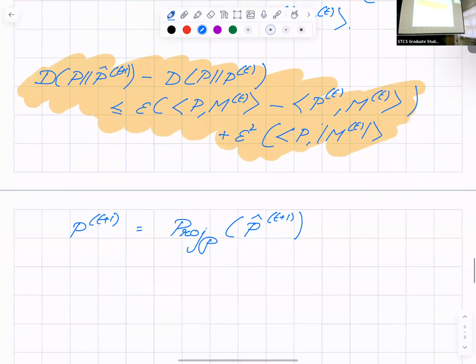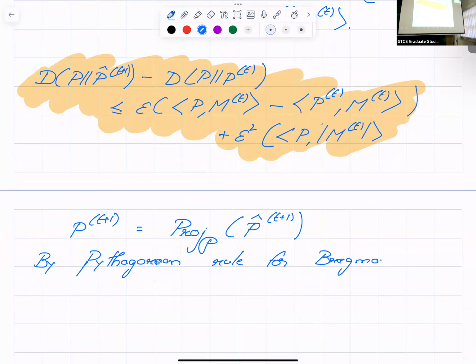Therefore, by the Pythagorean rule for Bregman projections, D of P PT plus 1 is even smaller than D of P hat T plus 1.